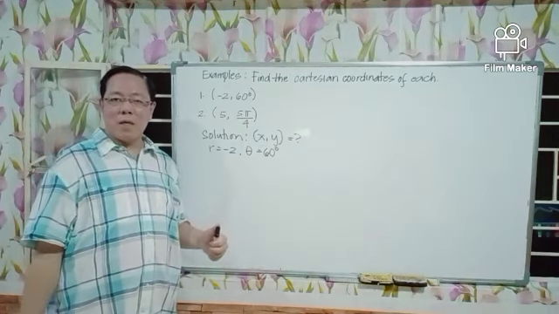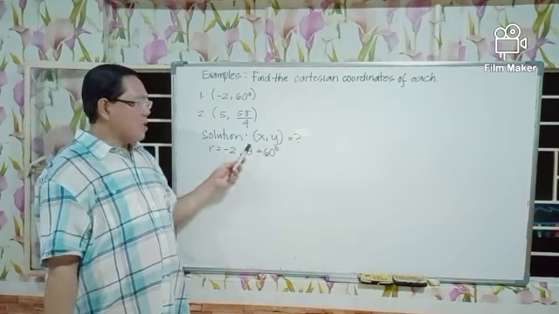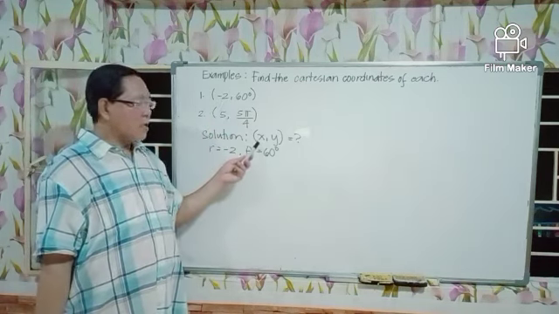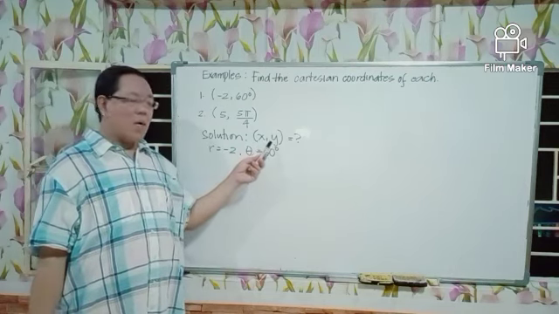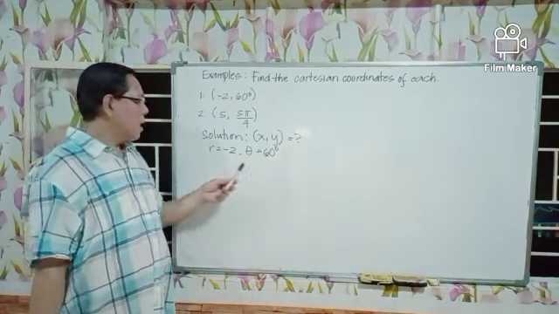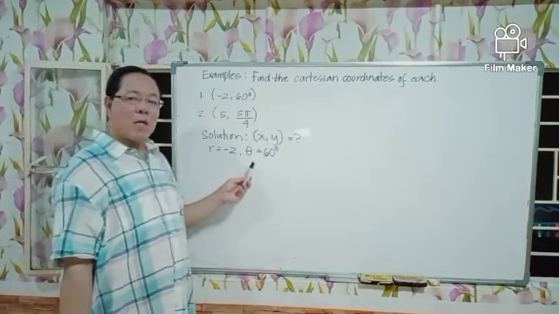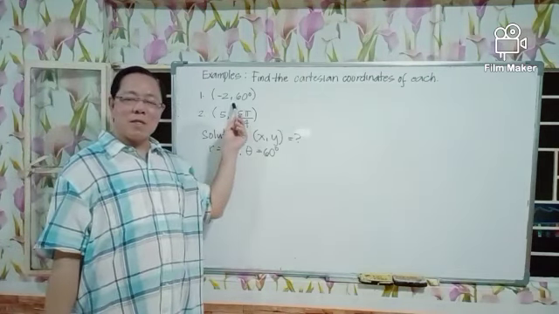Again, the required is to find the Cartesian coordinates of this point, that is, we find the value of x and the value of y, the abscissa and the ordinate. Given the radial coordinate of the point equals -2 and the angular coordinate of the point equals 60 degrees.